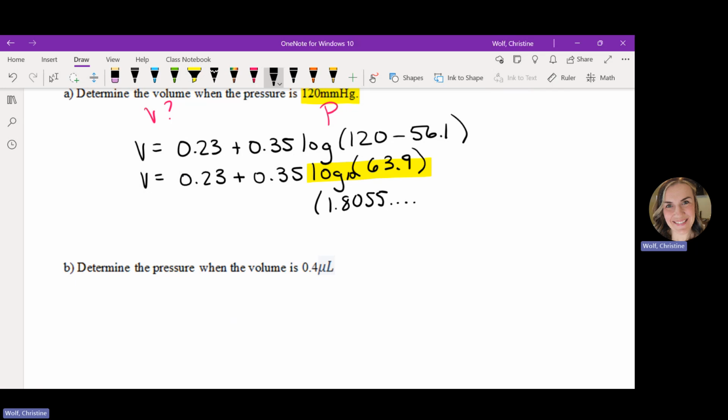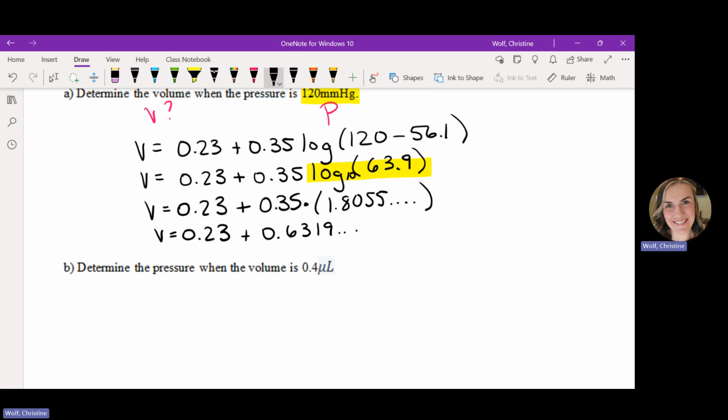So that's the answer to this, 1.8055. And you can keep that decimal in your calculator because you know that is now multiplied by 0.35. So keep that decimal in. When I multiply that by 0.35, I get 0.6319, blah, blah, blah.